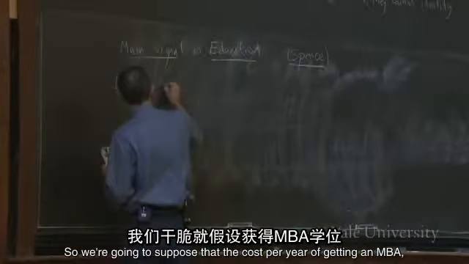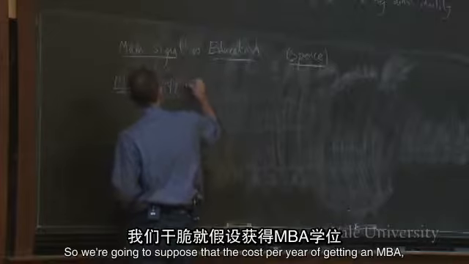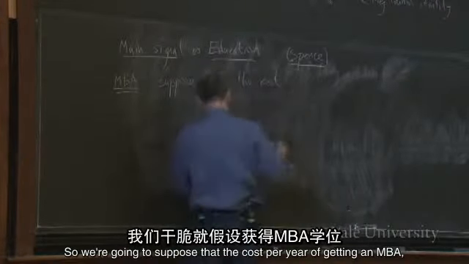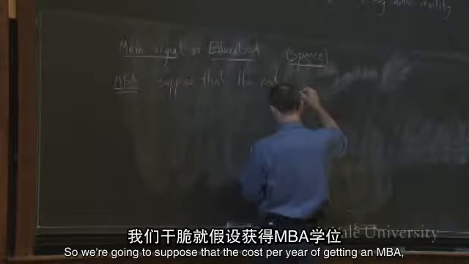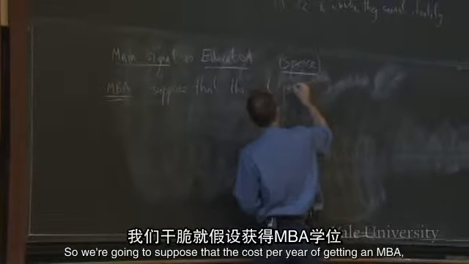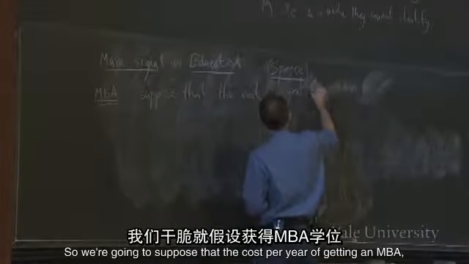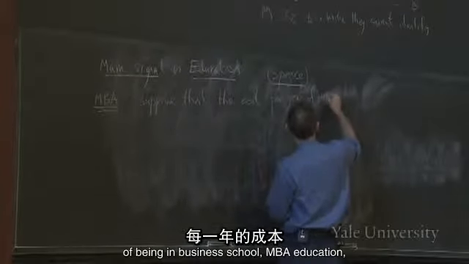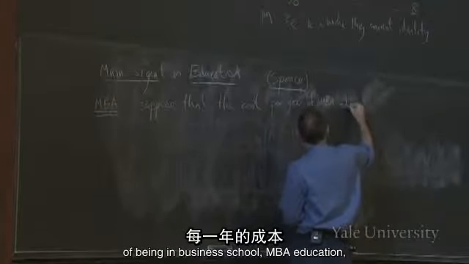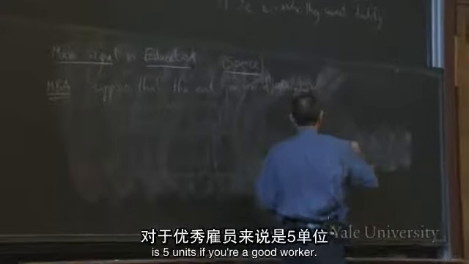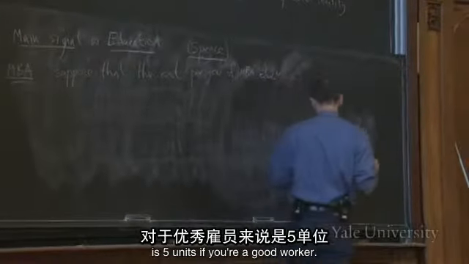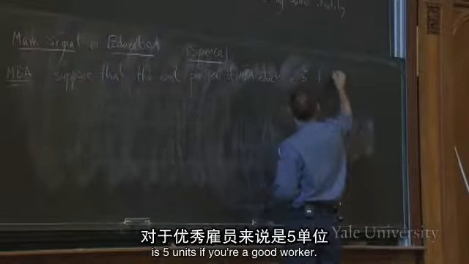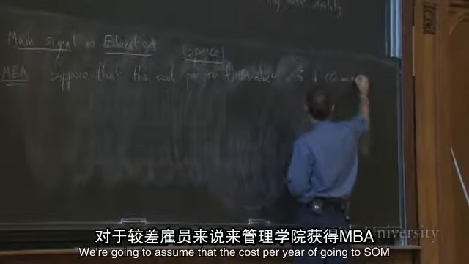We're going to suppose that the cost per year of getting an MBA, of being in business school, is 5 units if you're a good worker.